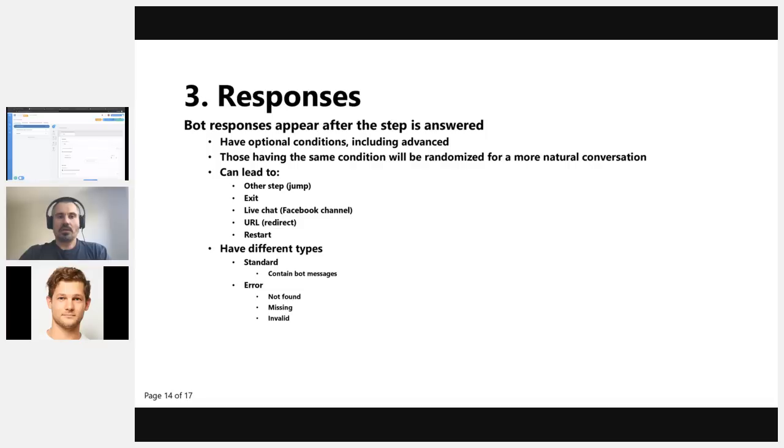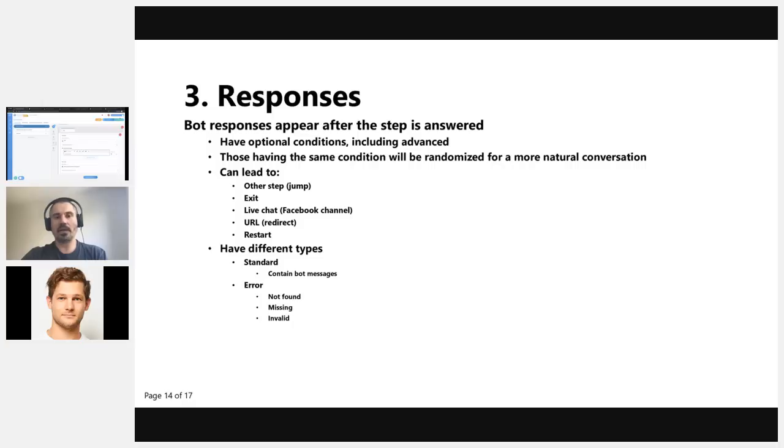Next section is the responses, and that is used when you have answered the step question. So in this case, we use one response. This is the message of it, and this is the condition of it.